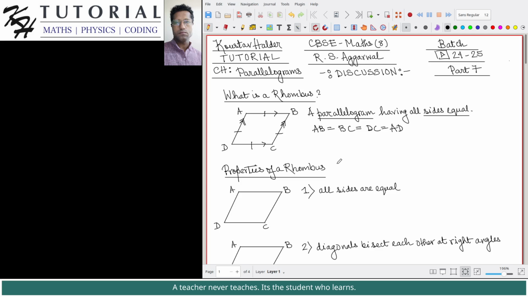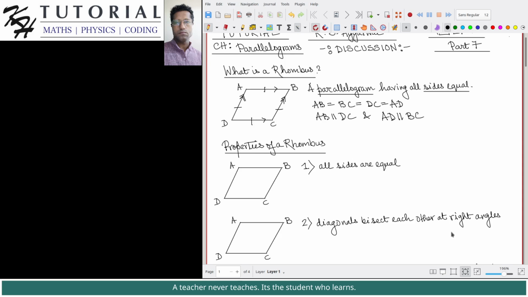This is the basic core definition of a rhombus: it is a parallelogram and all its sides are equal. And obviously AB is parallel to DC, and AD is parallel to BC. Now once you have a rhombus, what are the properties of a rhombus?